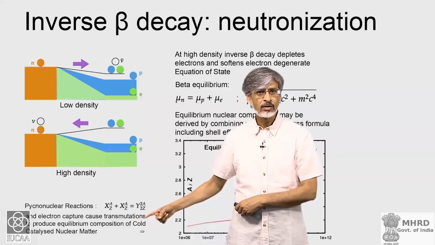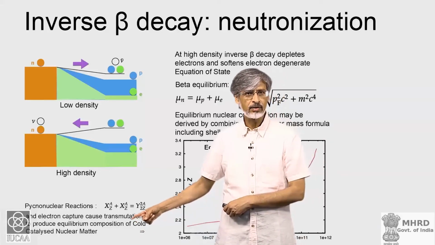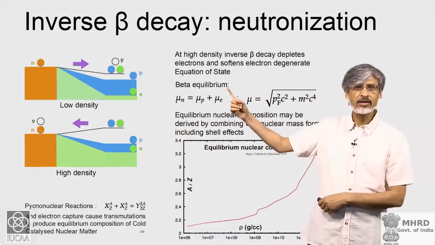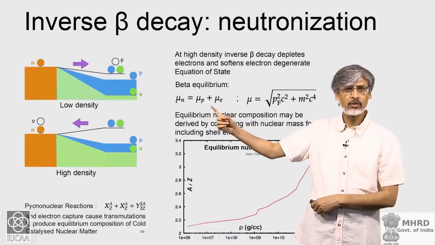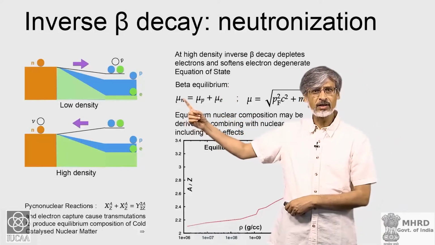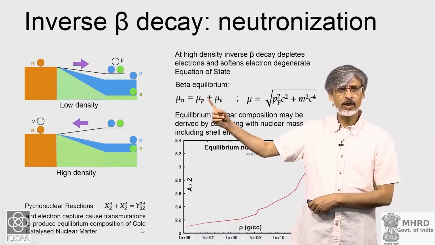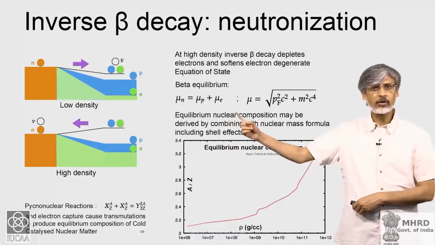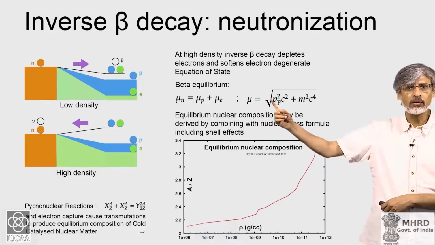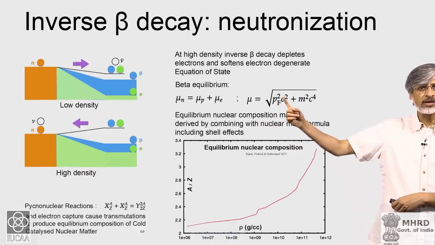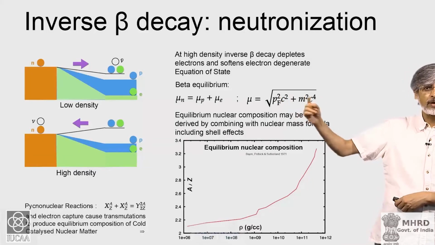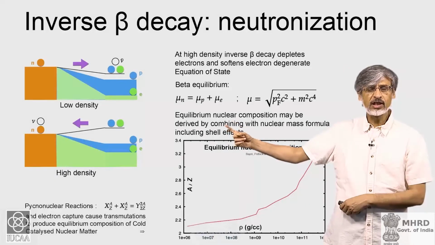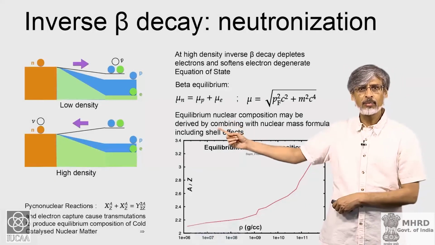Ultimately you will get what is called cold catalyzed nuclear matter, where the matter is in beta equilibrium, where the chemical potential of neutrons is equal to the chemical potential of the protons plus the chemical potential of the electrons, where chemical potential itself is defined as the square root of p_F squared c squared plus m squared c^4.